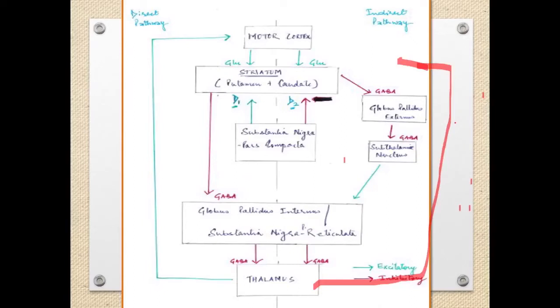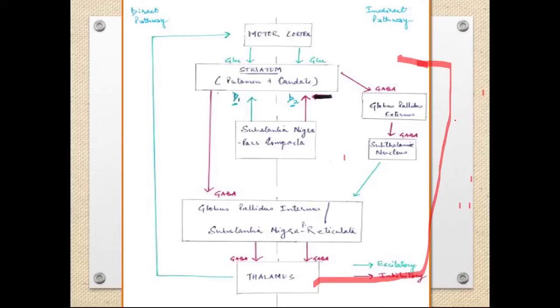If it is very slow, it will be a sluggish kind of movement. If it is very fast, it will be jerky and won't be smooth. Our body's main aim is to perform smooth coordinated movement, right? So this smooth coordinated movement is balanced via the direct and indirect pathway.